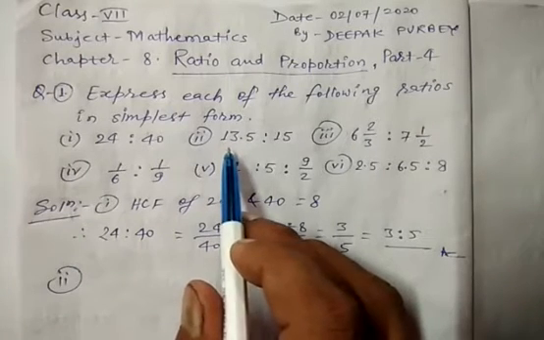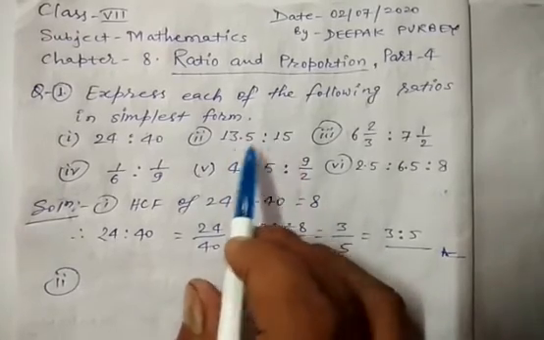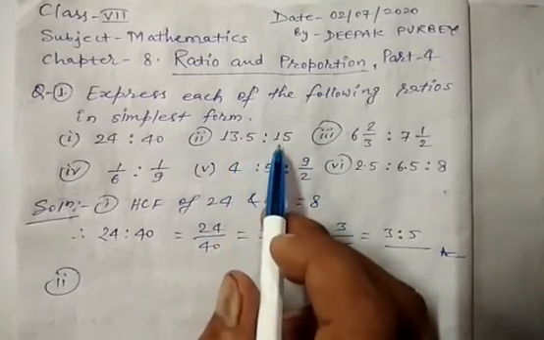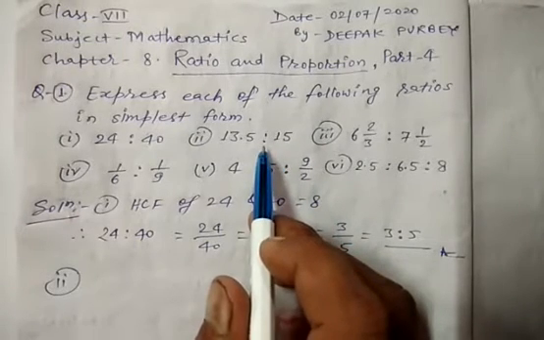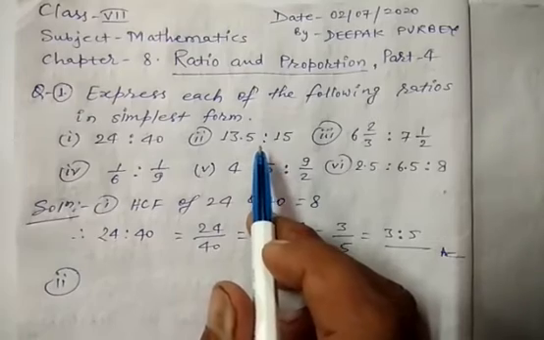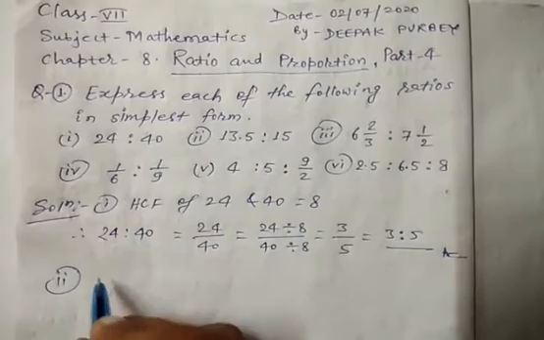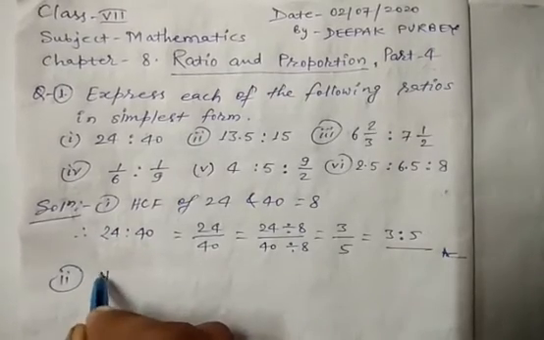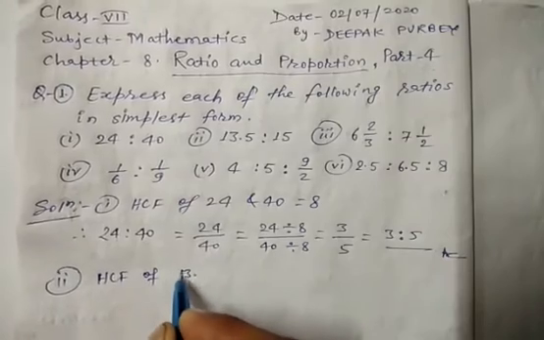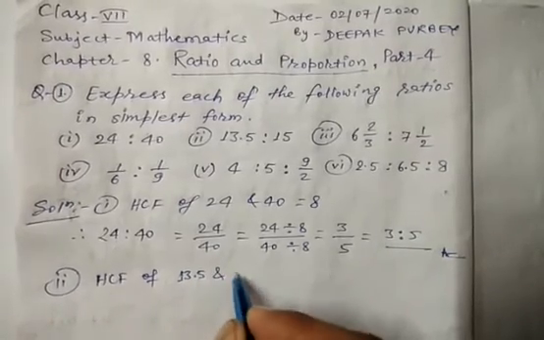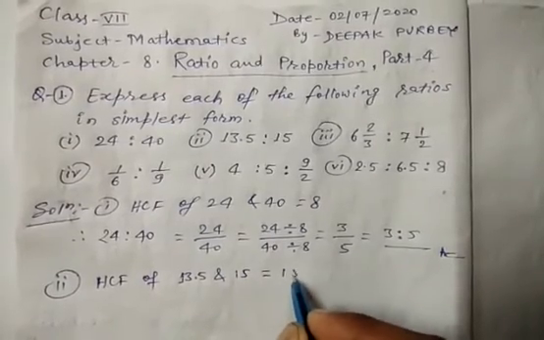Here we also see that the HCF of these two terms is not 1. So firstly here also find the HCF of 13.5 and 15, which is equal to 1.5.